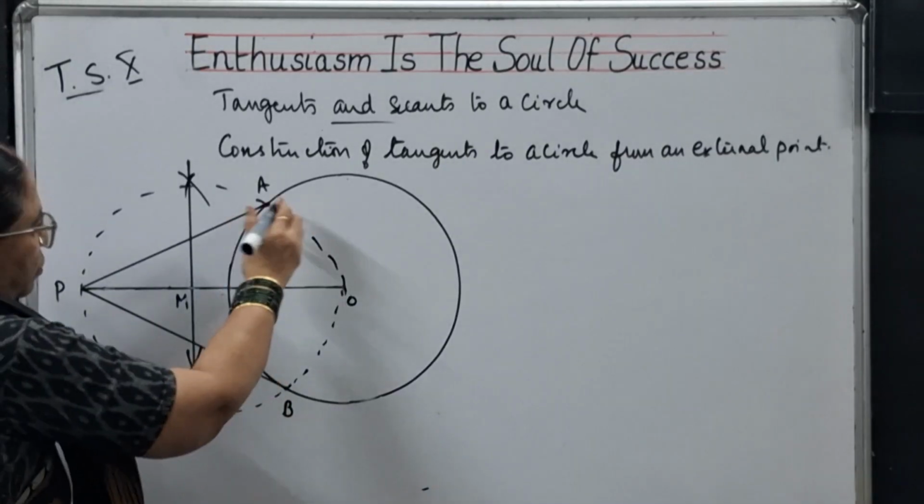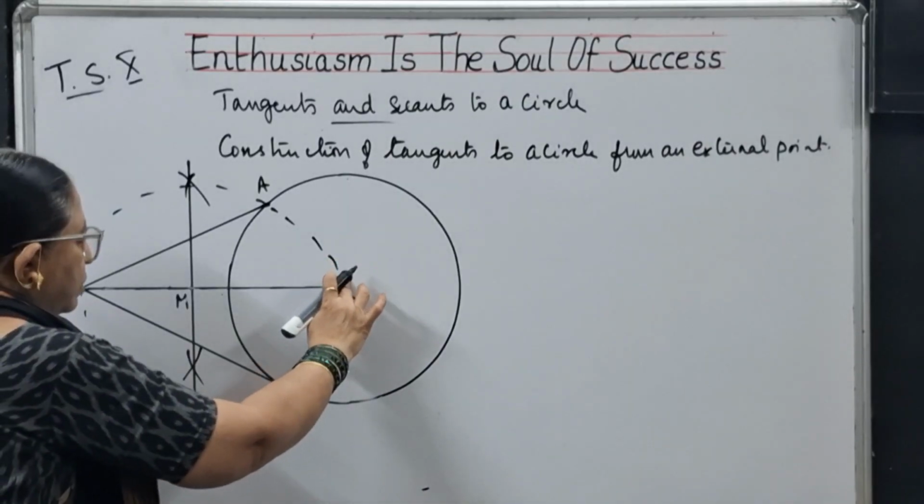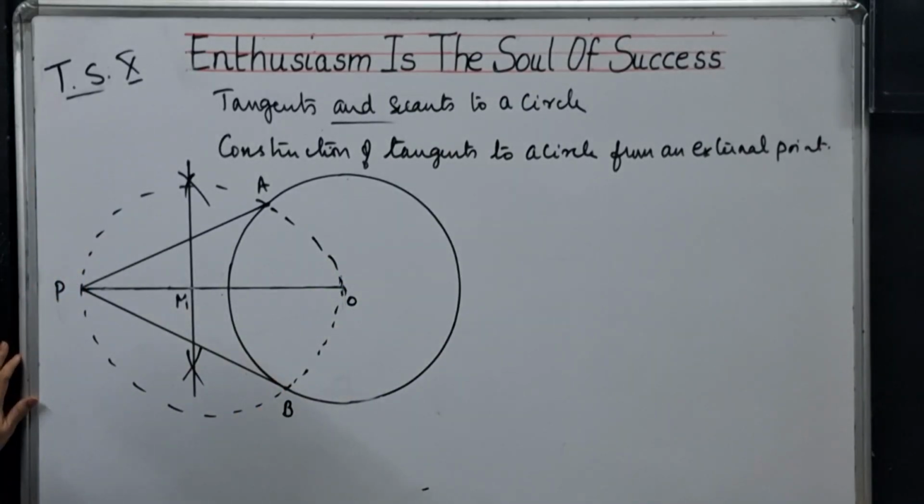So you do it with your instrument, children. You will get this circle properly because I have not used the instrument. Maybe it is looking a little bit crooked, but I hope you have understood the method.